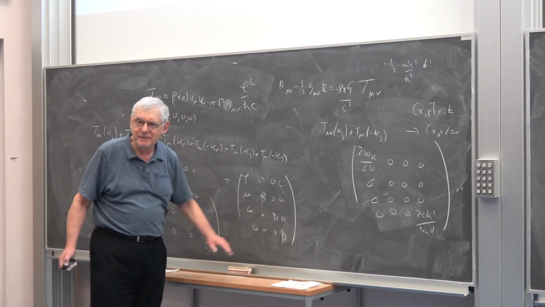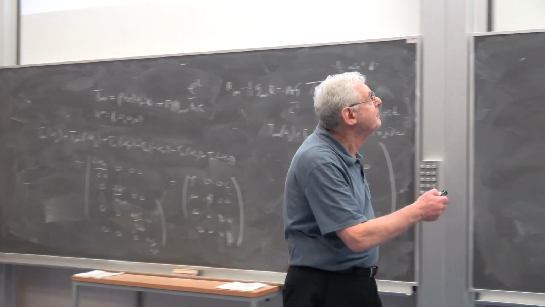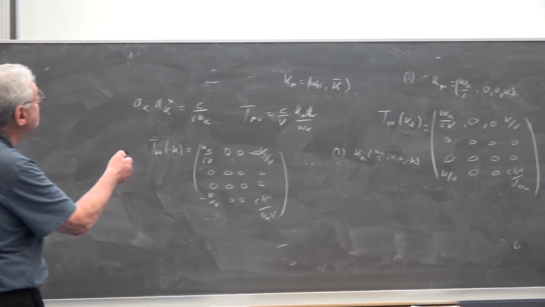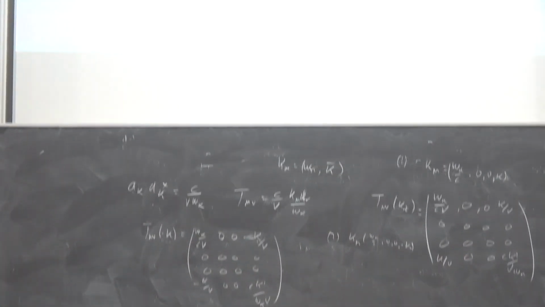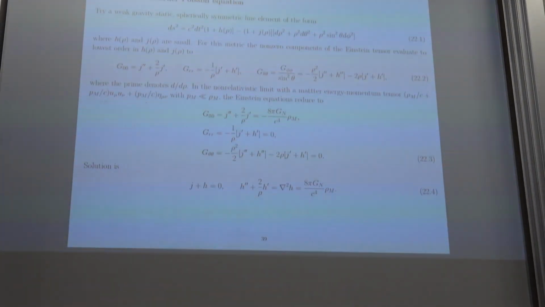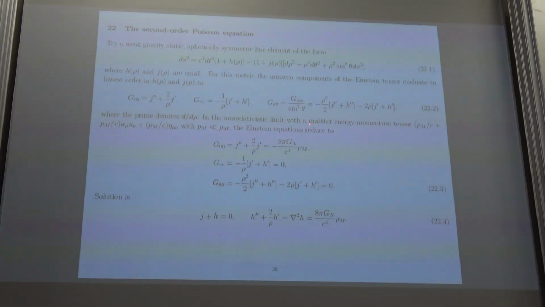And p is 0. And if p is 0, then grr is 0 and g theta theta is 0. Those are the Einstein equations for 0 pressure. But for the energy density, g00 is 8 pi G over c to the 4 times rho. So we can solve these equations immediately, and we see that j plus h is 0.